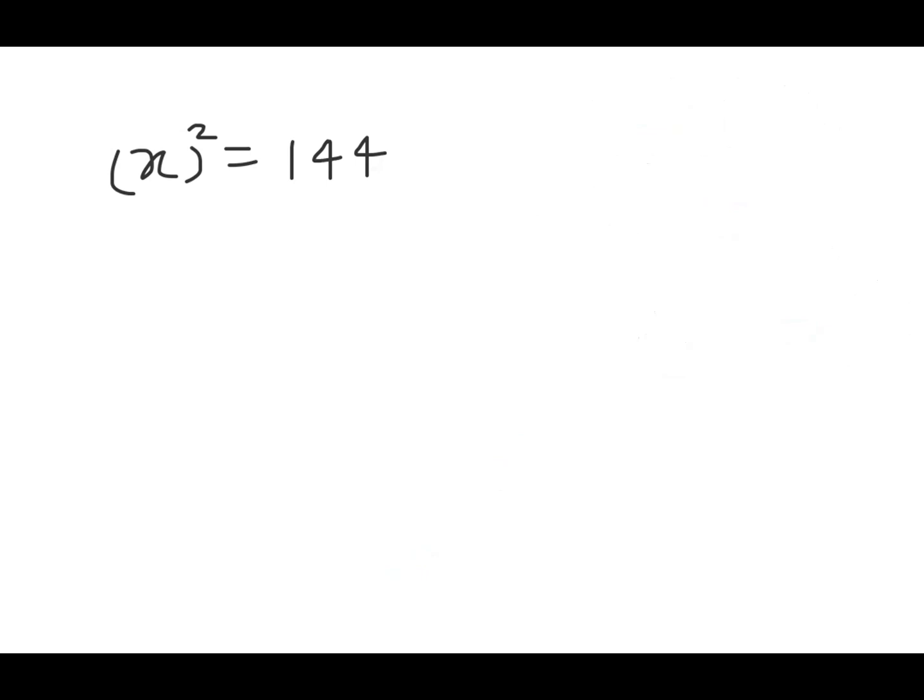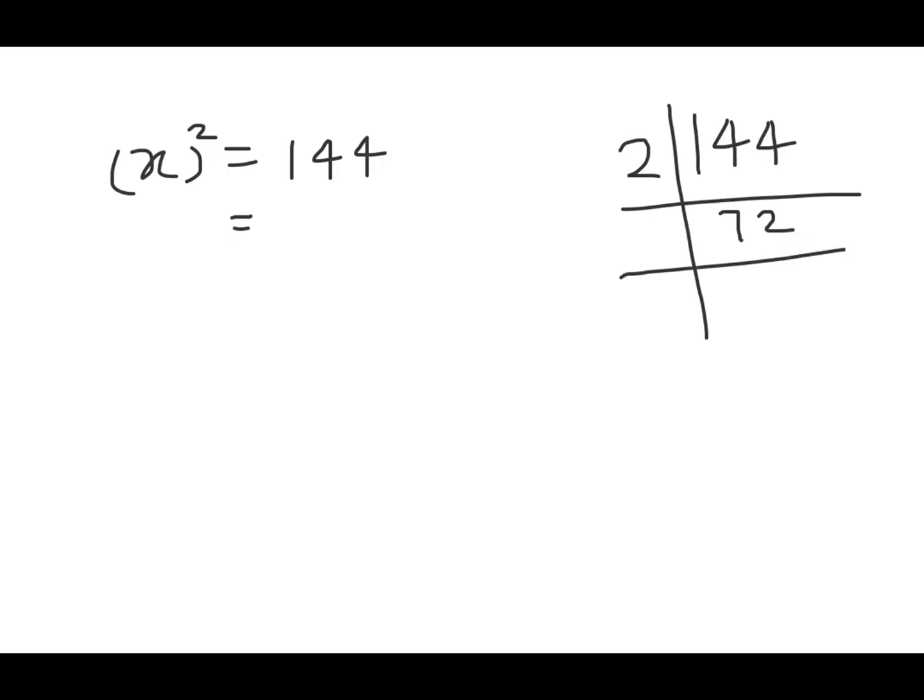So 144 can be written like this. Let's divide it by 2. What will we get here? If we divide 144 by 2, we will get 72. Now let's divide 72 again by 2.